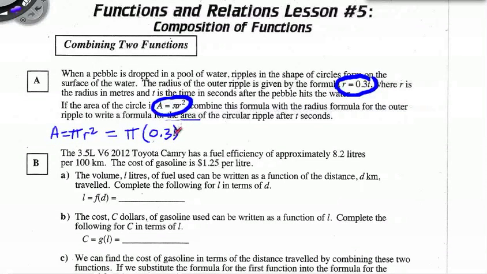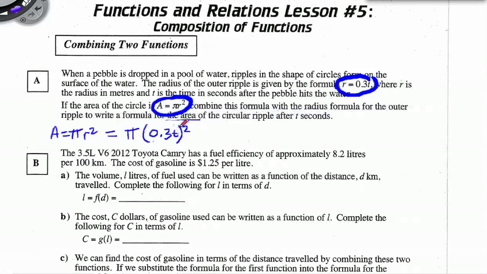Sorry, I should make that t. Okay, so 0.3t, and then r was squared, so we have to square this. And that's basically the answer. So we combine these two equations, and we've got this new equation which does incorporate time.